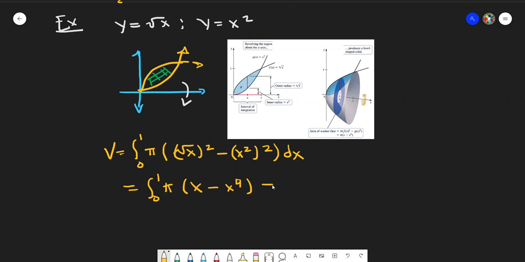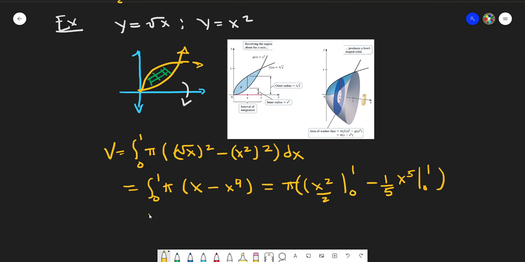So here we'll do pi, and then we have x squared over 2 from 0 to 1, and then minus 1/5, with a big parenthesis, x to the fifth, from 0 to 1.